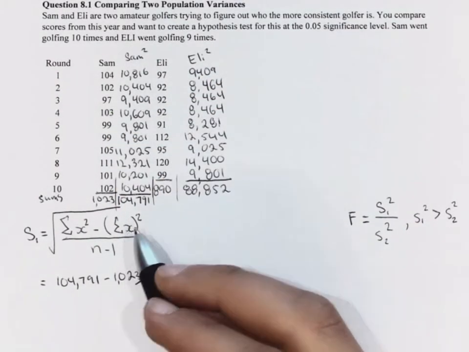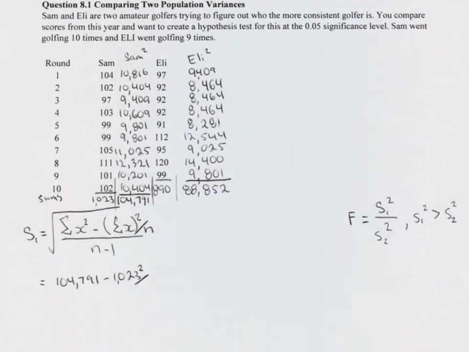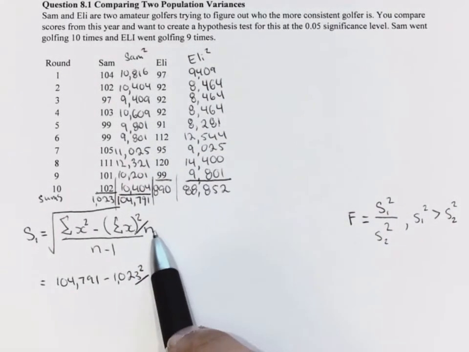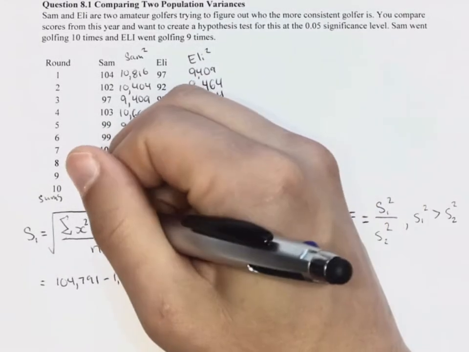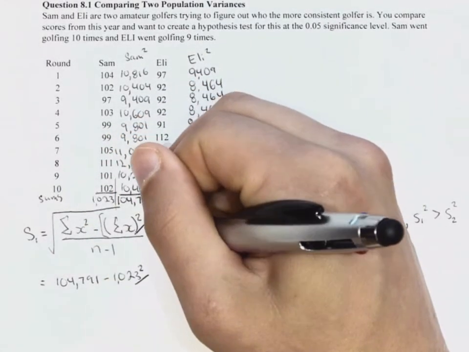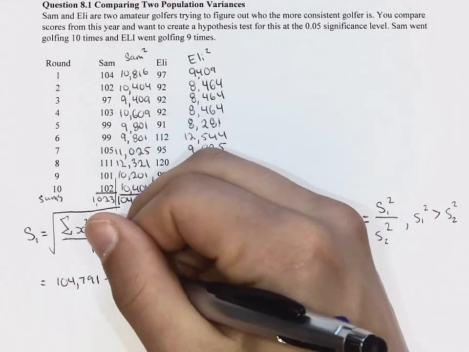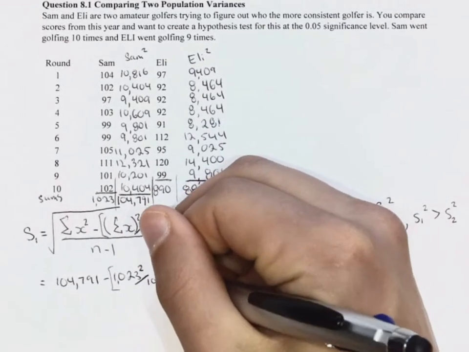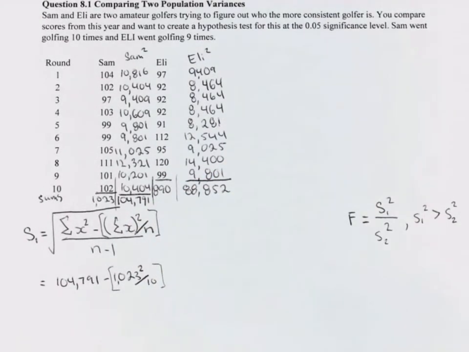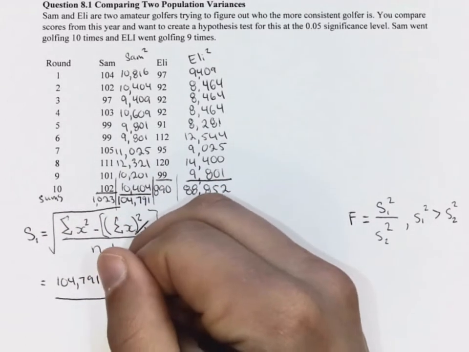oh, I see here that I've just forgotten something very important. We do need to divide these by our n. We had 10 observations for Sam, and n minus 1 is 9.